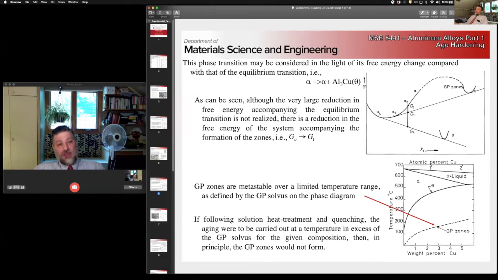But what's important to note is that even though the free energy of the GP zones themselves is higher, right, we can lower the free energy of the alpha phase quite significantly if we can eliminate the copper. So locally within the GP zones, we're raising our free energy, but we're lowering our global free energy from this G0 to G1.